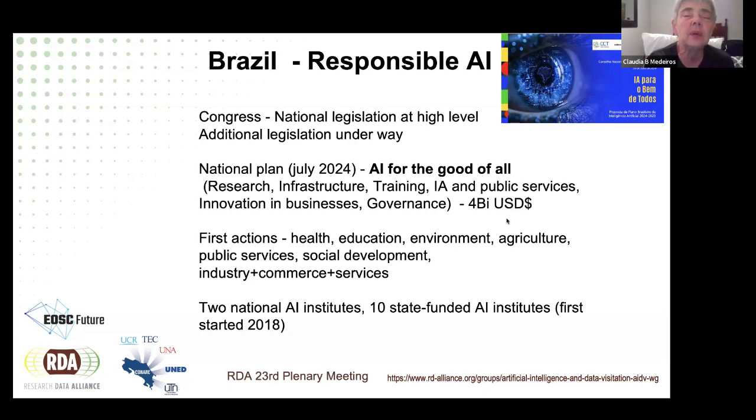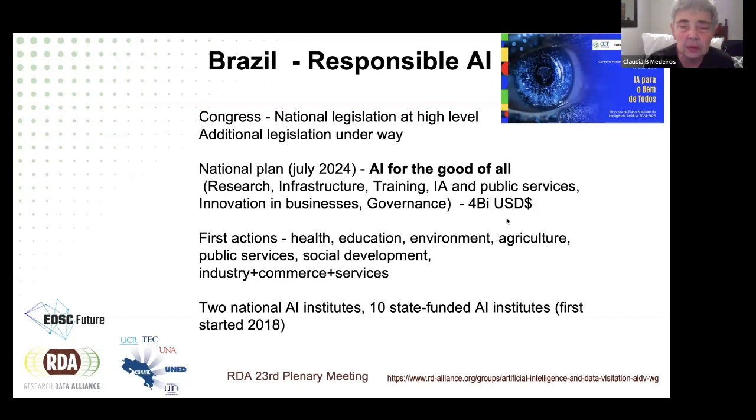And the actions are towards research, infrastructure, training, AI and public services, innovation and businesses, and AI governance. And the government has already reserved $4 billion to start supporting and enabling these initiatives throughout the country.